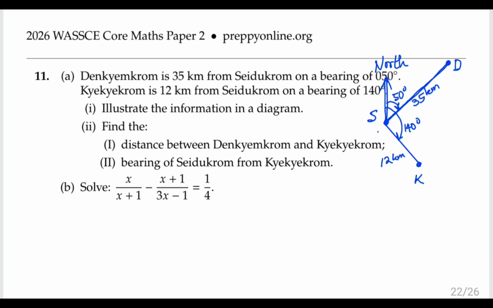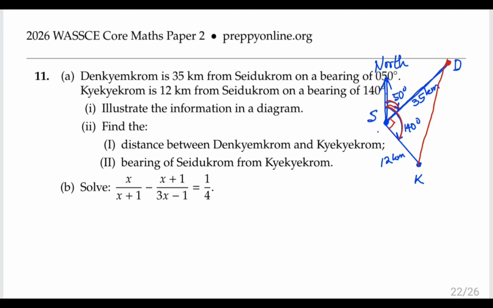So that's this one. Let me draw this here. I'm trying to find this distance. Well, one idea we can use is that this angle is a right angle. Why is it a right angle? Because this full angle is 140 degrees and this angle is 50 degrees.